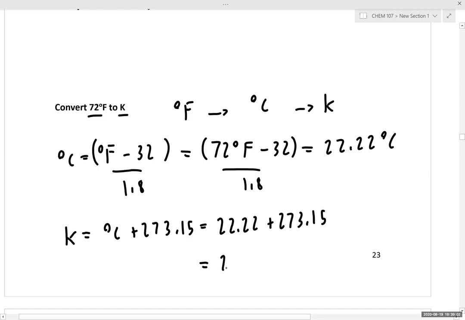And that in turn gives us 295.37, which we'd in turn round to 295. But both of these answers will be accepted as of right now, but we'll learn later on in the class significant figure rules, and that'll explain why I rounded this number to 295.